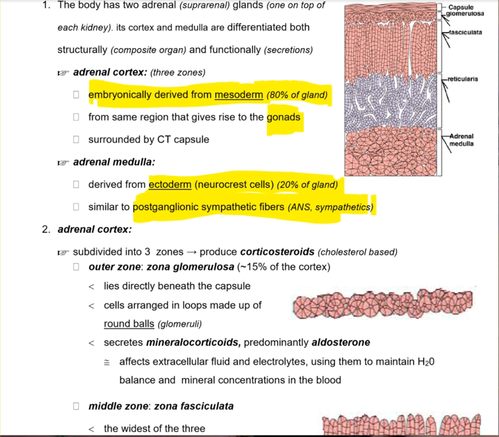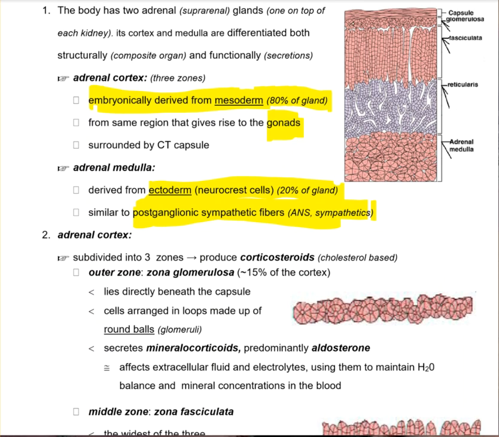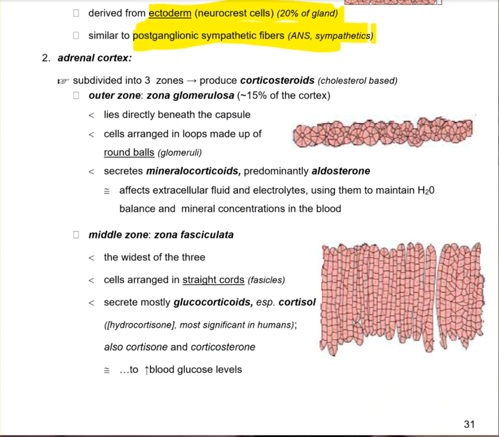Now, the topmost layer of the adrenal cortex is the glomerulosa, and you can see up here in the top picture, at the very top of the screen, these little circular structures, and so we've made them bigger here so you can see them. And those are glomeruli, which are just like little globe-like or round ball-like structures of cells.